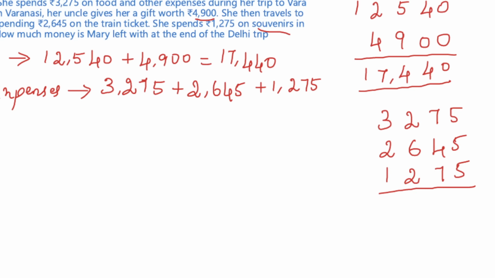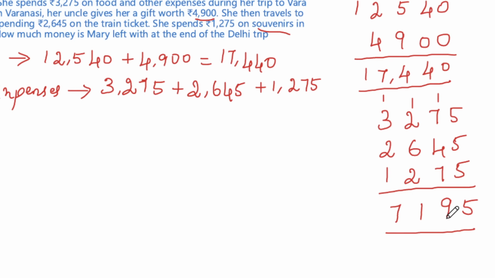We need to add all three. 5 plus 5 is 10, 10 plus 5 is 15, so 5, balance 1. 7 plus 7 is 14, 14 plus 4 is 18, 18 plus 1 is 19, so 9, balance 1. 6 plus 2 is 8, 8 plus 2 is 10, 10 plus 1 is 11, so 1, balance 1. 3 plus 2 is 5, 5 plus 1 is 6, 6 plus 1 is 7.